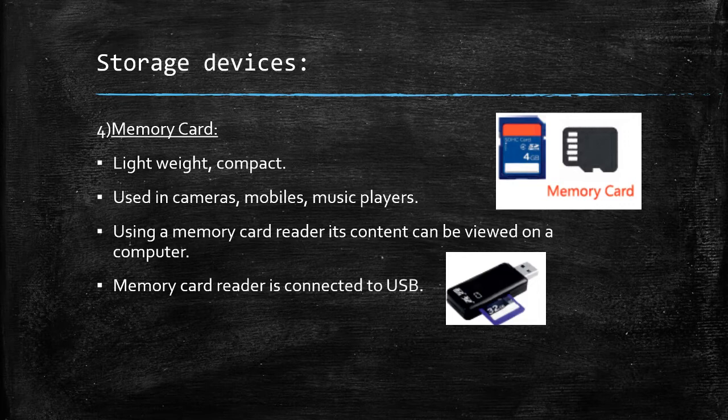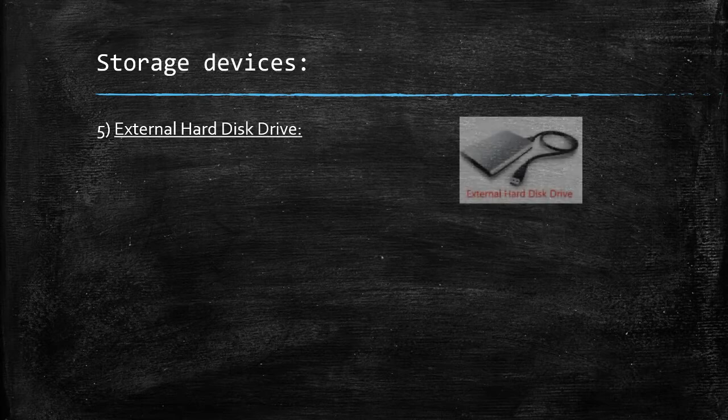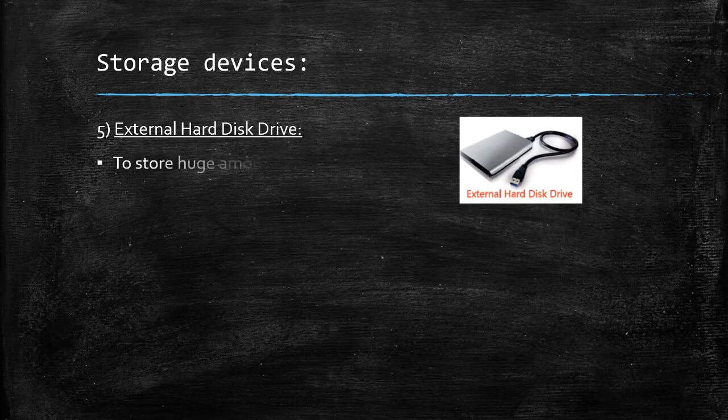And the fifth type of storage device is the external hard disk drive. This is for permanent storage of a huge amount of data. Obviously, we don't want to lose our data.